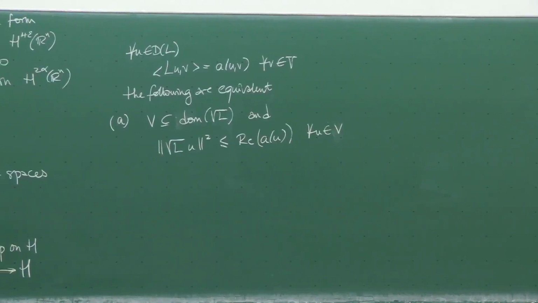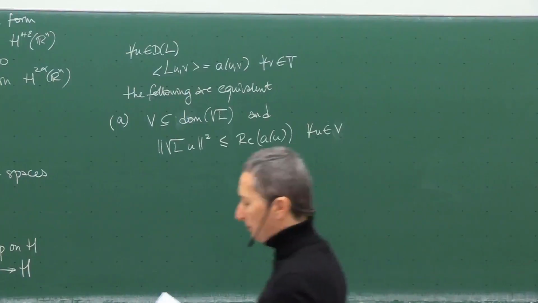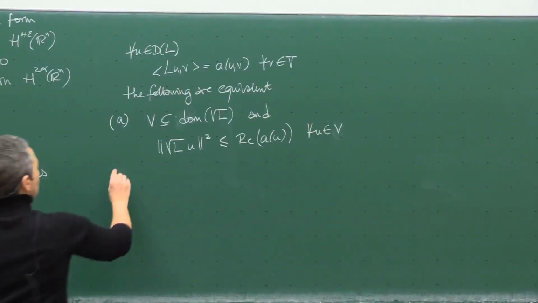So this is equivalent to the second assertion, which is the square function estimate.